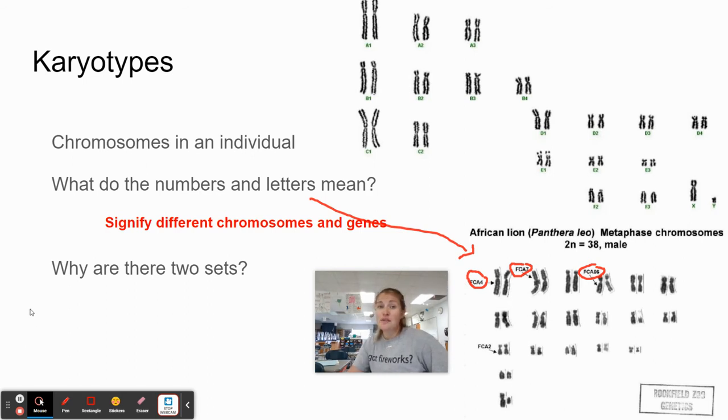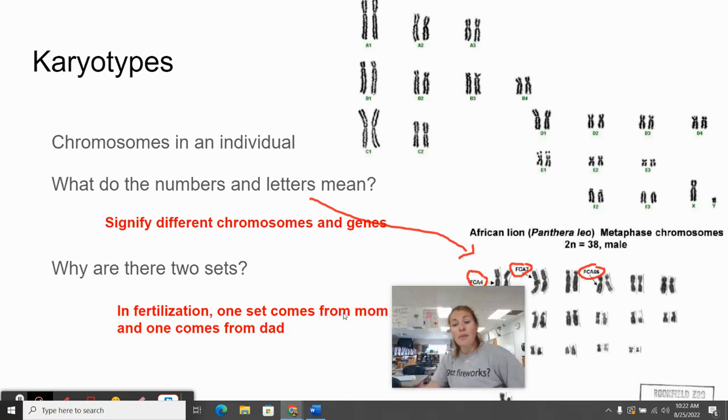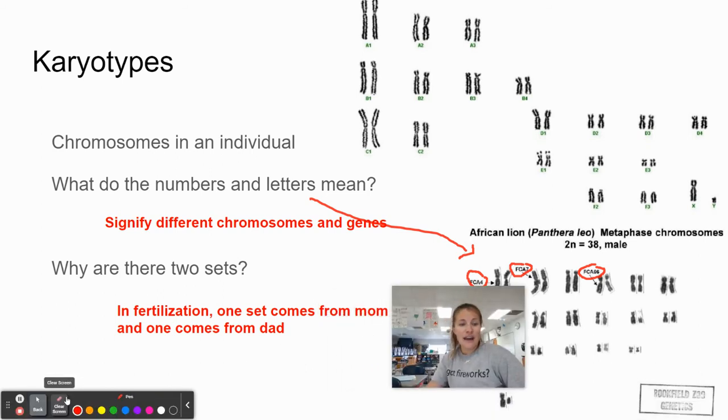And why are there 2 sets of chromosomes? So why do they occur in pairs? Well, in fertilization, 1 set comes from biological mom and 1 set comes from biological dad. So in fertilization, when a mommy and a daddy love each other very much, they make an egg and they make a little sperm.